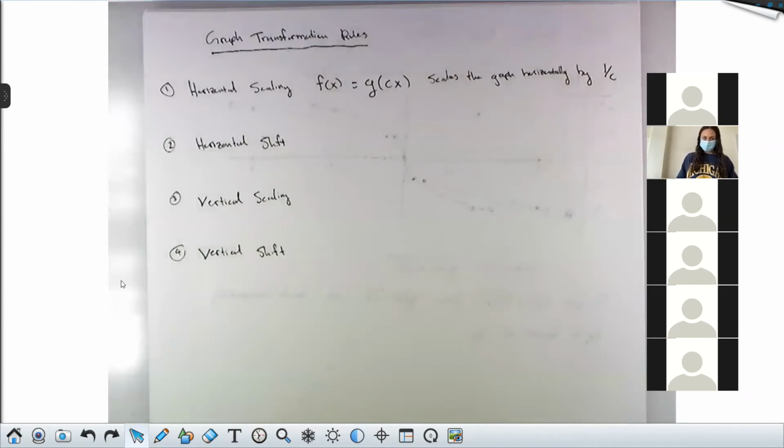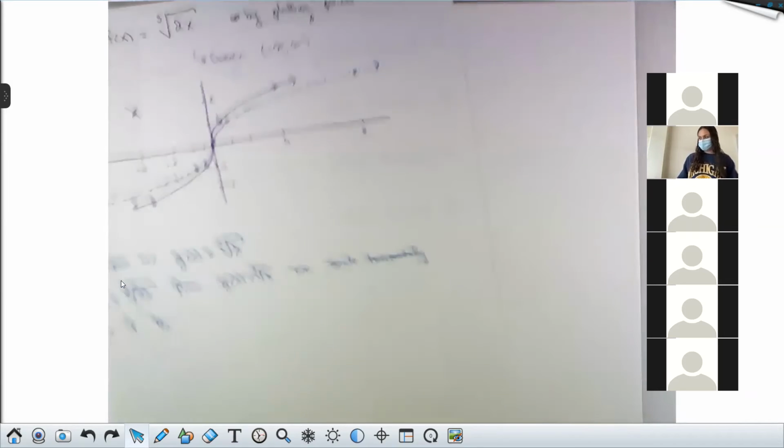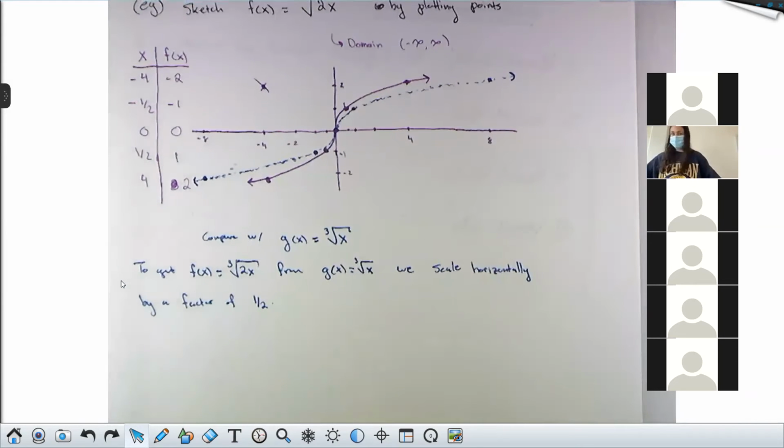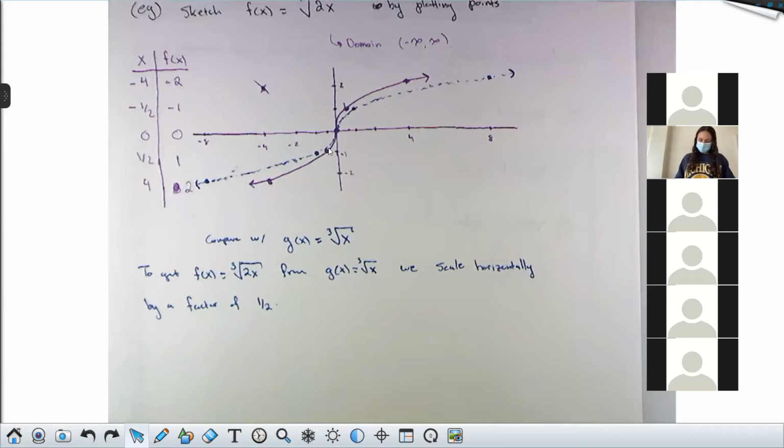That's kind of counterintuitive, but it's correct, right? Like multiplying by a 2 on the inside didn't stretch me out, it shrunk me in. The blue is the original. The purple is the transformed graph. So the purple is the cube root of 2x. Multiplying by a 2 on the inside didn't stretch the blue out further, it squished the blue in.